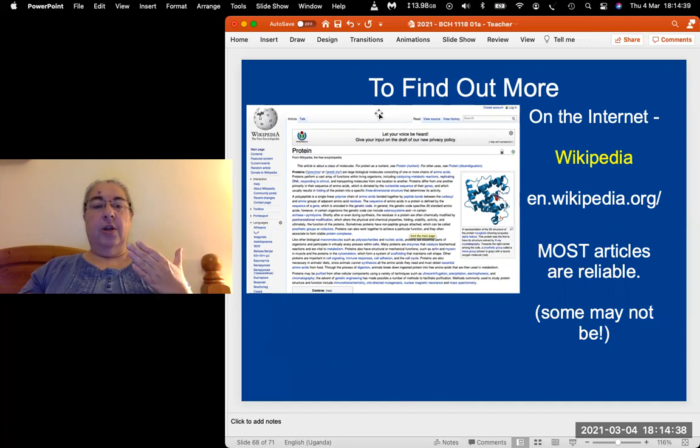Most articles are reliable, but the only downside of Wikipedia is that anybody can edit all the articles at any time. So if you happen to be unlucky and somebody has entered some bad information into Wikipedia when you happen to read the page, you might read that bad information. But very, very quickly, knowledgeable people will correct that information and return the article to being helpful and accurate.